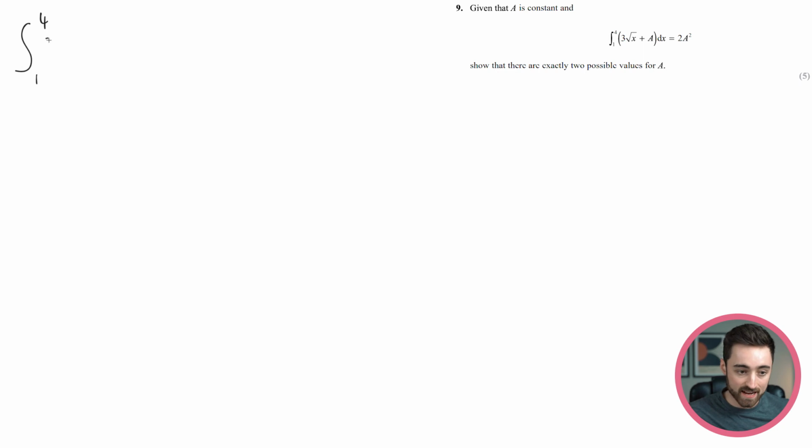3 root x. Now, it's better to write things like square roots in terms of the powers. So the square root is a power of a half, because then I can use that law, add 1 to the power, all of that stuff. Plus a dx. So what's this going to be equal to? It's a definite integral, so I'm going to want some square brackets here. I'm going to add 1 to the power, so a half add 1 is 3/2.